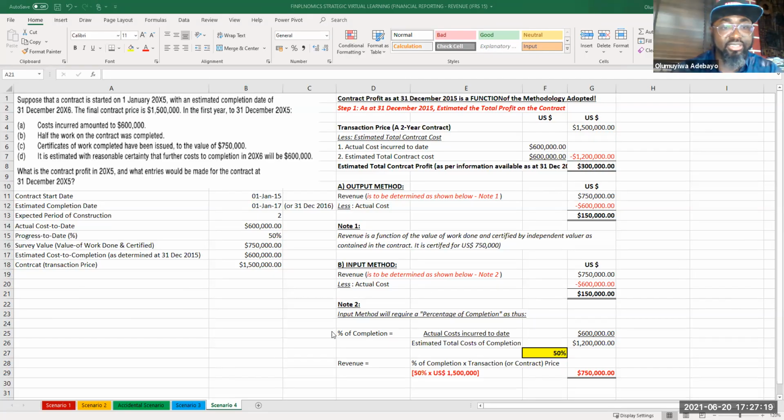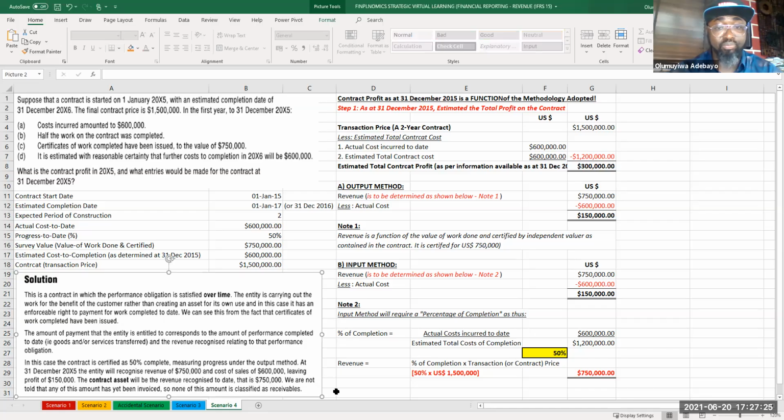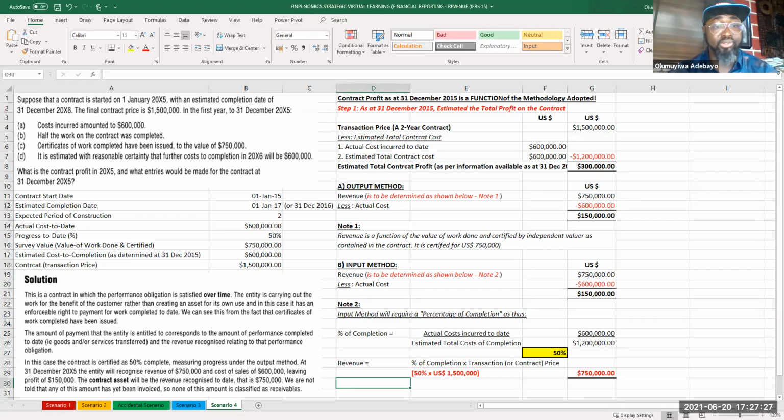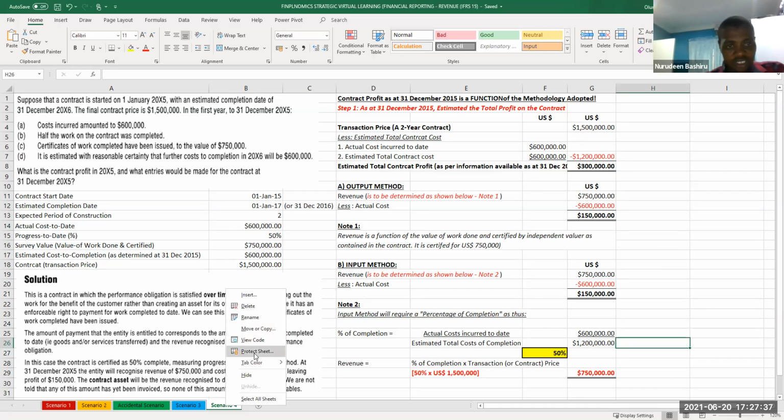Okay, now let's read this summary to justify some of the things we've done. Over to you guys. Who will read? Solution. This is a contract in which the performance obligation is satisfied over time.